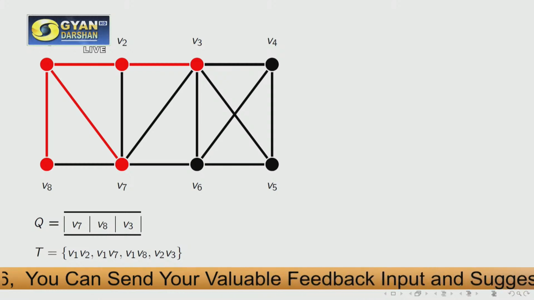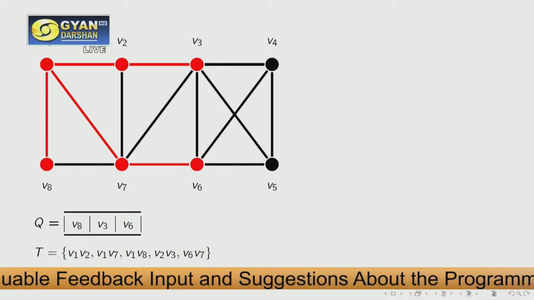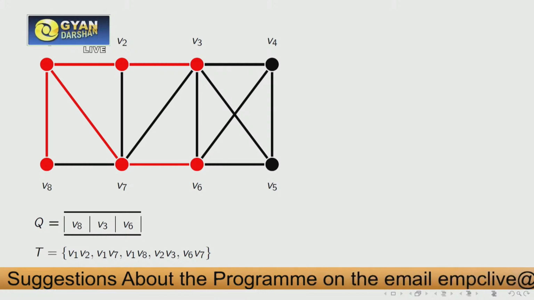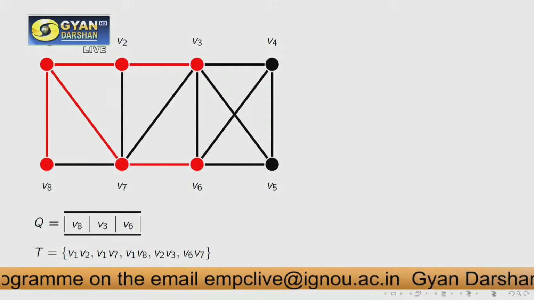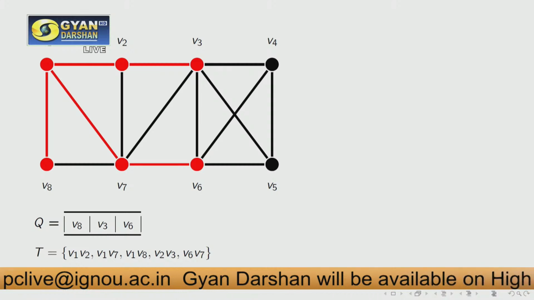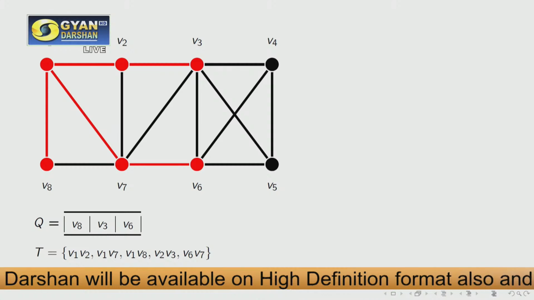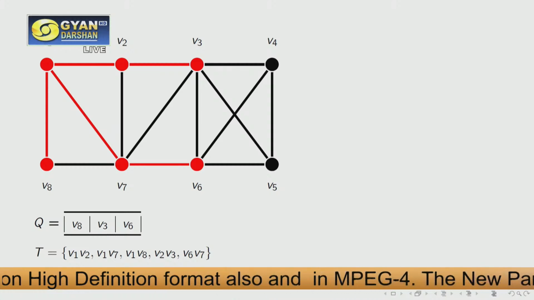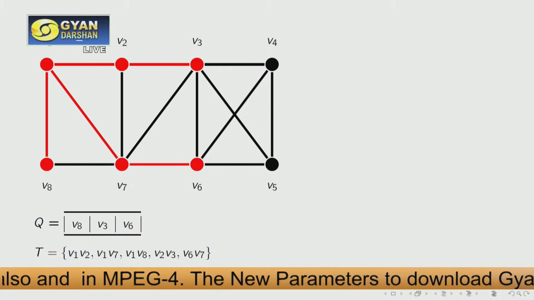So V6 is visited, it is just inserted in the queue, and V7 is removed, as you can see here. And the edge V6, V7 is also added to the tree. So thus far the tree has 5 edges: V1, V2, V1, V7, V1, V8, V2, V3 and V6, V7. And Q is still non-empty, so we have to continue the process.